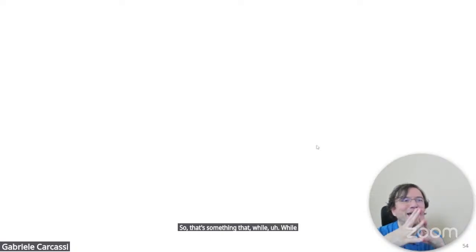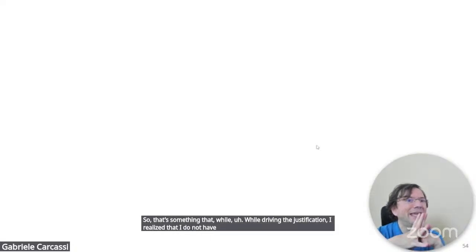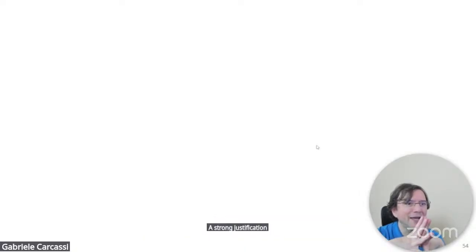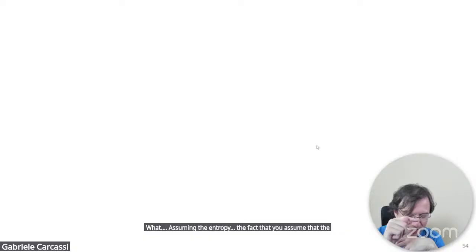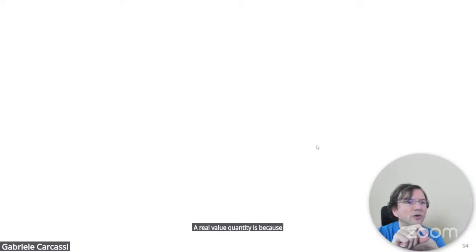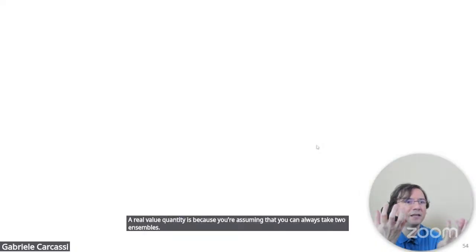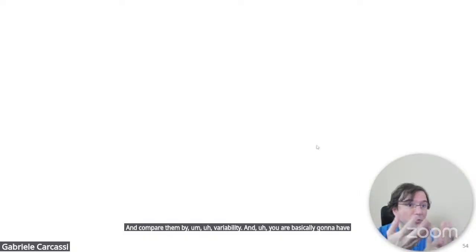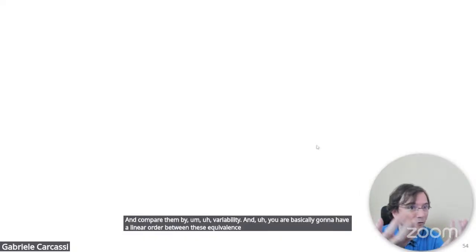So while writing the justification, I realized that I do not have a strong justification as to why the entropy has to be a real valued quantity. The fact that you assume that the entropy is a real value quantity is because you're assuming that you can always take two ensembles and compare them by variability, and you are basically going to have a linear order between these equivalence classes of variability.